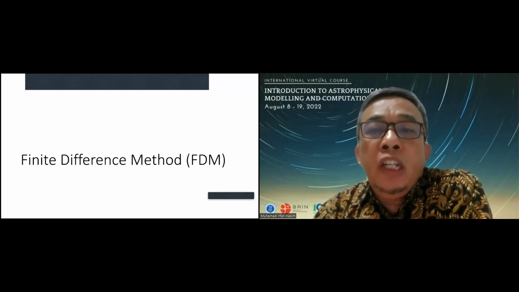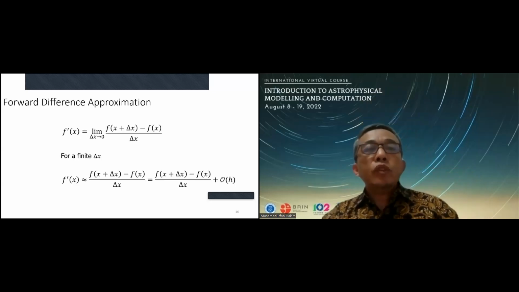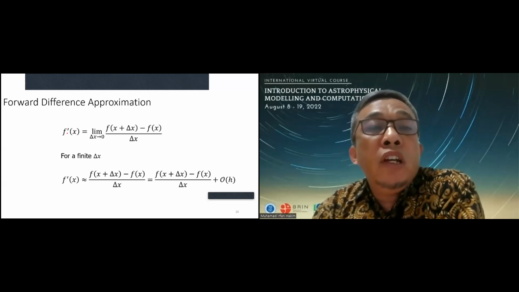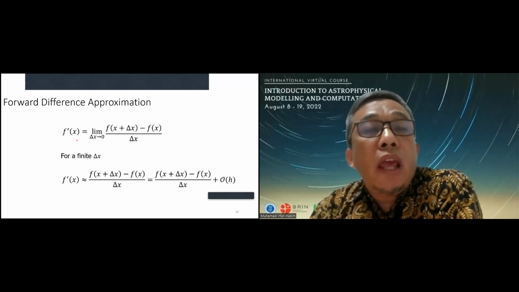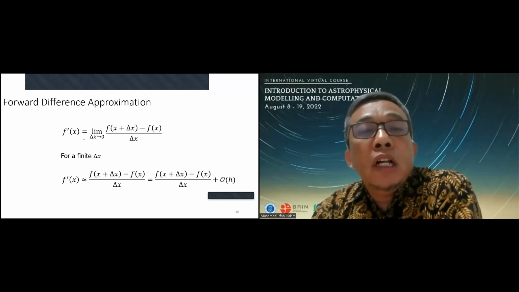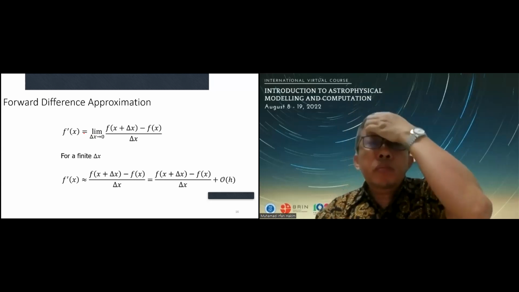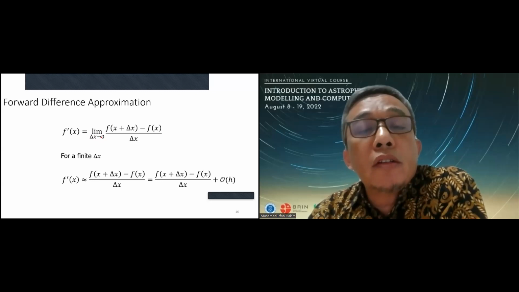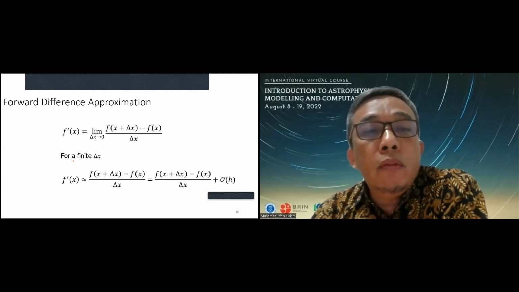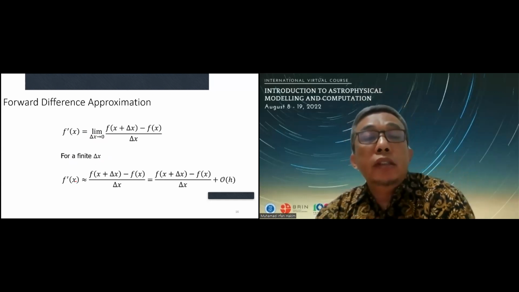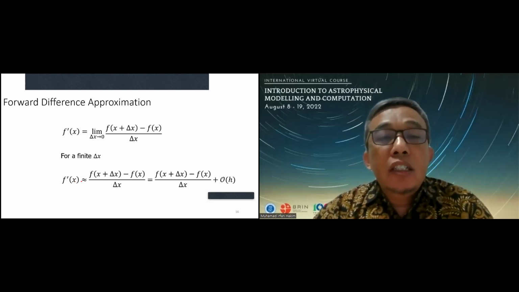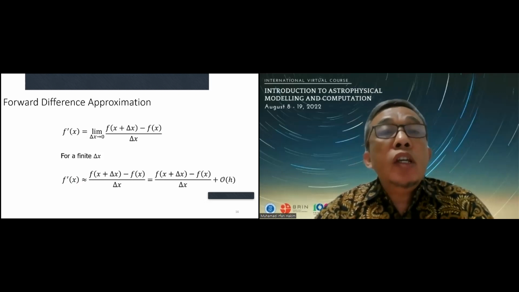Now, let's discuss the finite difference method. You know that the first derivative of a function f in calculus could be expressed by the limit as delta x tends to 0, or for finite delta x, the first derivative of f at x is approximated by this expression.